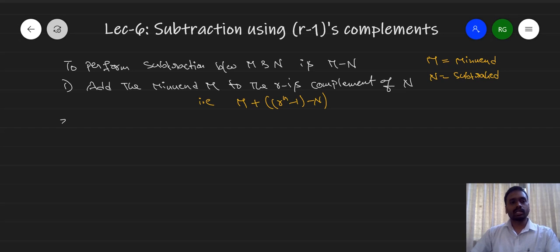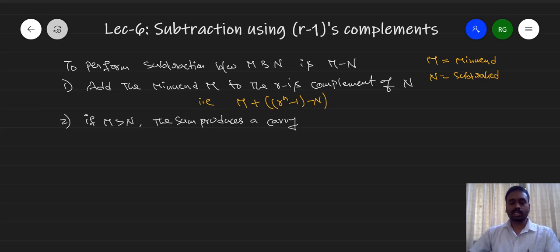In the second step, if my m is greater than n, the sum produces a carry.